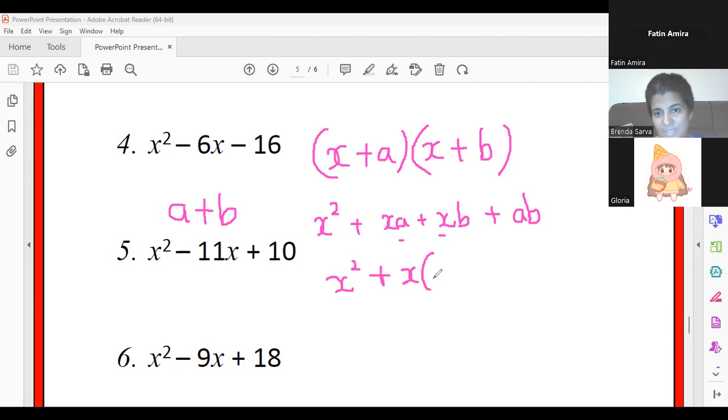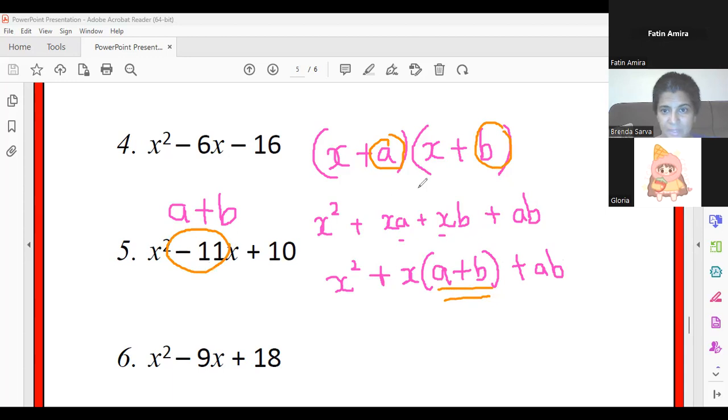So you see what's happening is a plus b is the center part. Plus ab. Now what is happening here is you are linking up this pattern. These other 2 factors that you are supposed to find, if you add them up, you will get the center term. If you multiply them, you will get the last term.